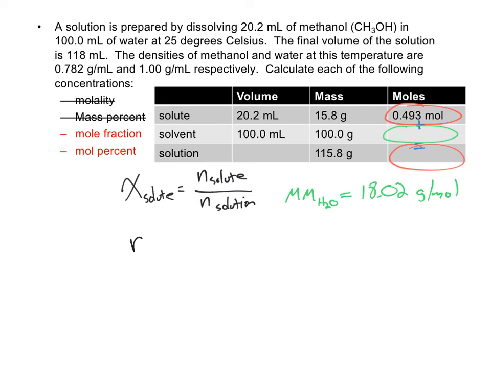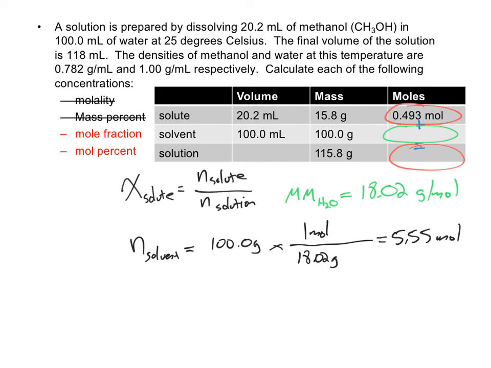So, well, rather than writing water, I'll write the solvent. So the moles of the solvent is 100.0 grams divided by the molar mass, and I get 5.55 moles.